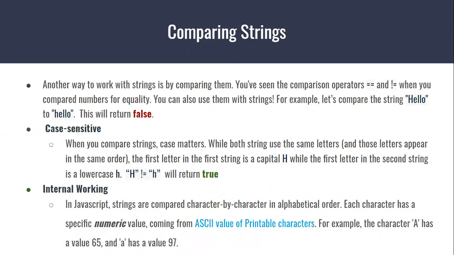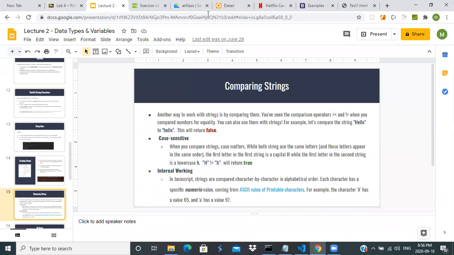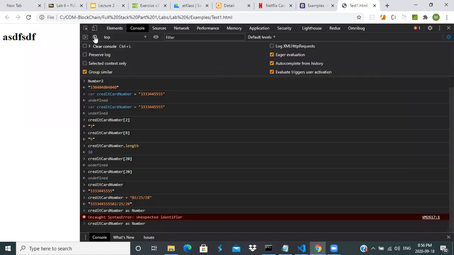So for example, let's compare the string hello to hello. This will return false. Hold on for a second, let me try to get to the console window without Zoom taking over. All right, so let's clear my workspace here.